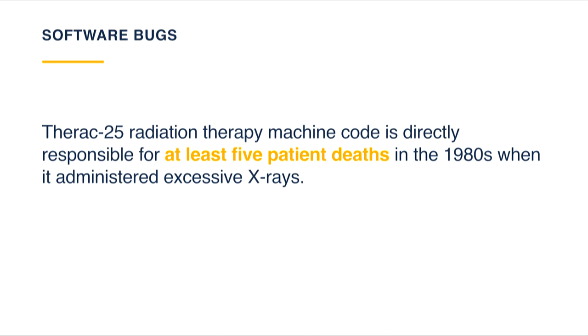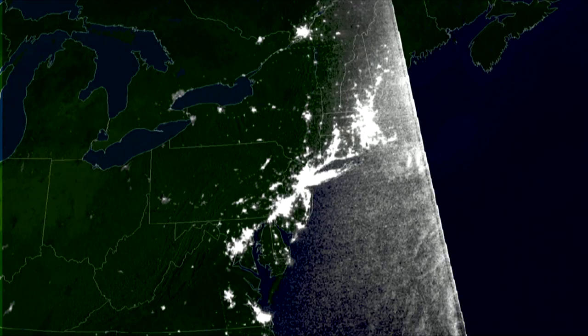This one is a little bit more serious, but again, software is having, unfortunately, a bad impact here, where a bug is causing deaths with x-rays and dosages that were incorrectly administered. Here is the eastern seaboard in 2003 in the United States with lights on.